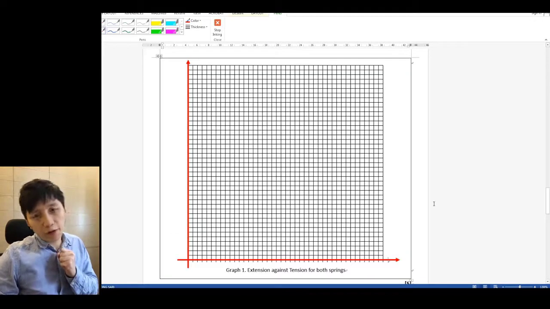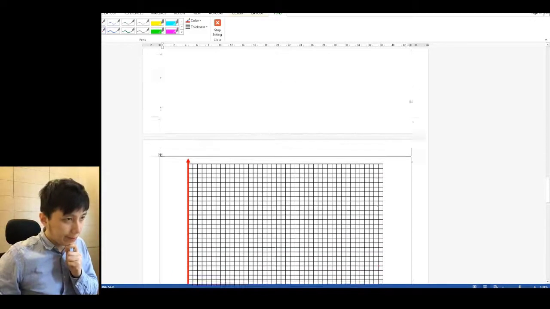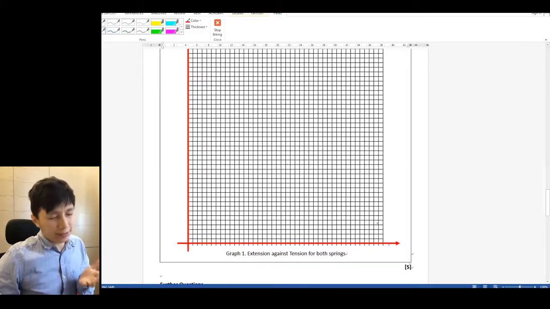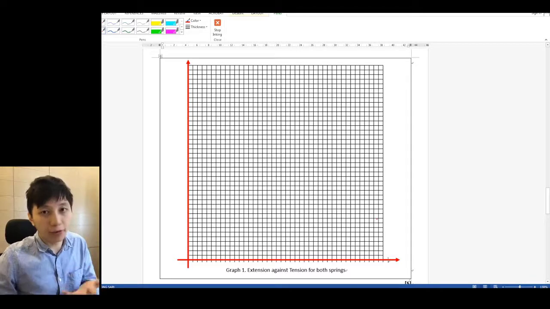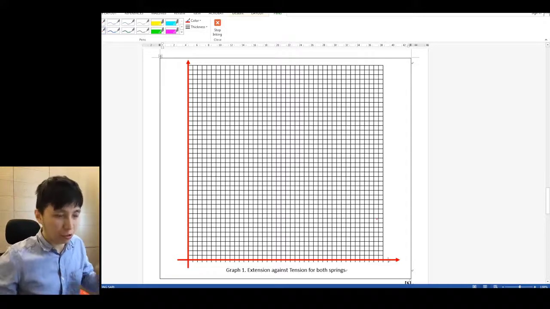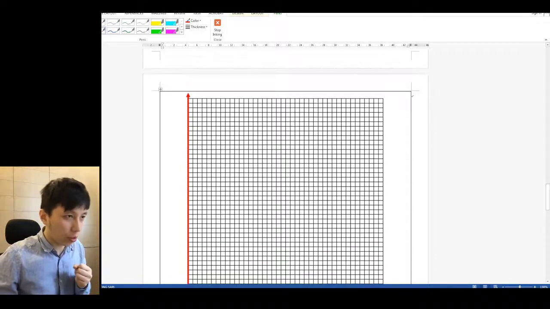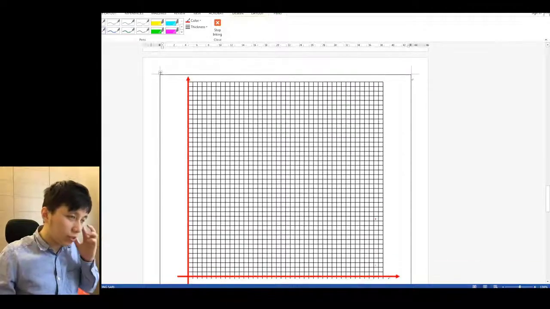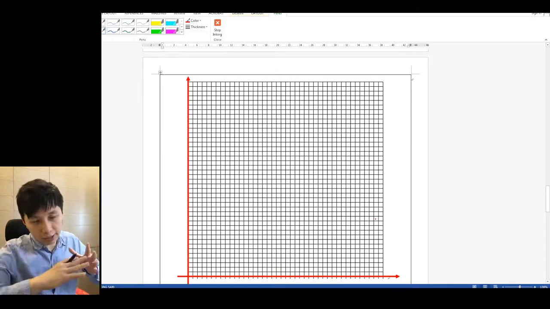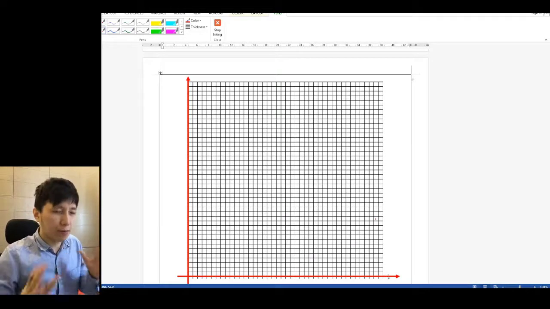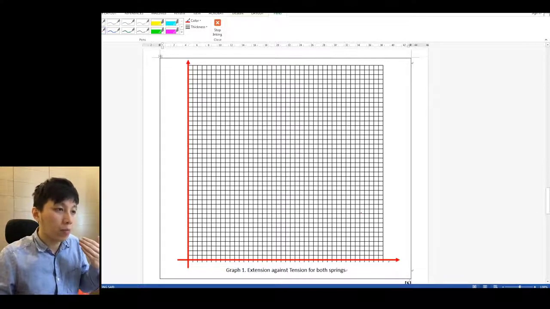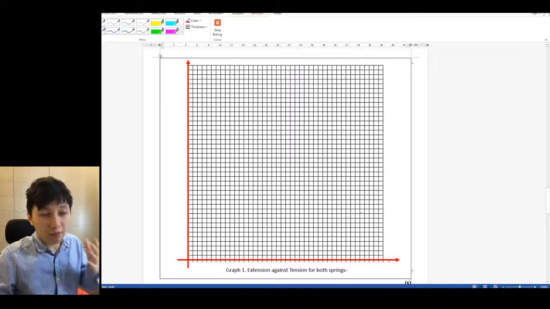Alright, so now we are moving on to the graph, and I've got the x and y axis already, because that would take some time for me to do on the computer. If you're doing it on a piece of paper, it should be very easy just to use a ruler and draw it. And one key idea that you should have is to use as much space provided as possible, because that will make your precision better.